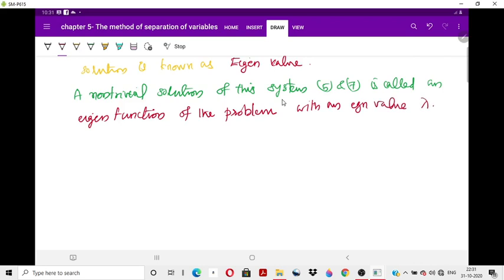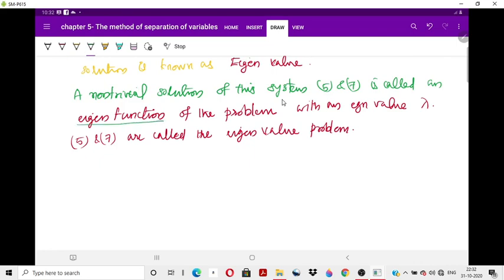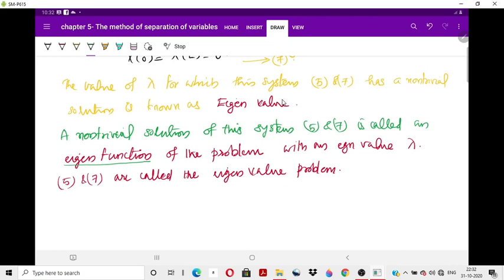And this problem, 5 and 7, is known as the eigenvalue problem. So the eigenfunction means it is a non-trivial solution of the system 5 and 7, and the system 5 and 7 is called the eigenvalue problem, and the value of lambda for which the system has a non-trivial solution is called the eigenvalue.